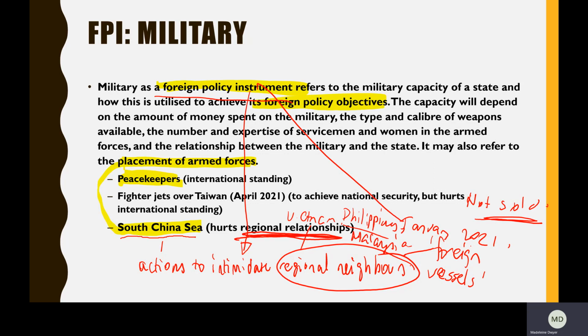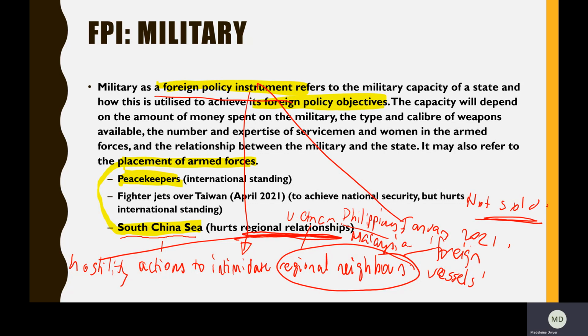We saw this year, I think it was April 2021, the Filipino foreign minister telling China to get the F out of their territory. This hurt China's regional relationship because it has resulted in a hostile neighbour. There's been hostility between the two, which could result in them actually having a conflict.